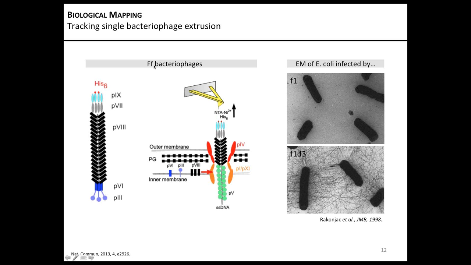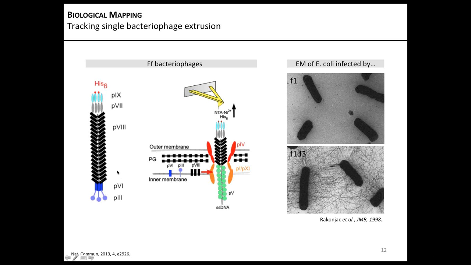So in this study, we try to map the extrusion site of a single bacteriophage from the bacteria. So this is a filamentous bacteriophage, which is a virus which infects gram-negative bacteria. This phage consists of a single-strand DNA, and there are some proteins which assemble around this DNA.